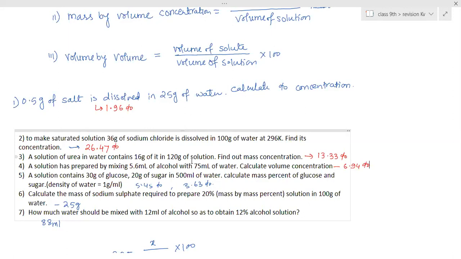Ma'am, I got the fifth answer. 9.09%. No. Ma'am, sugar is 3.63%. Yes. And glucose is 5.4 something. Yeah, 5.45. Yes, ma'am.